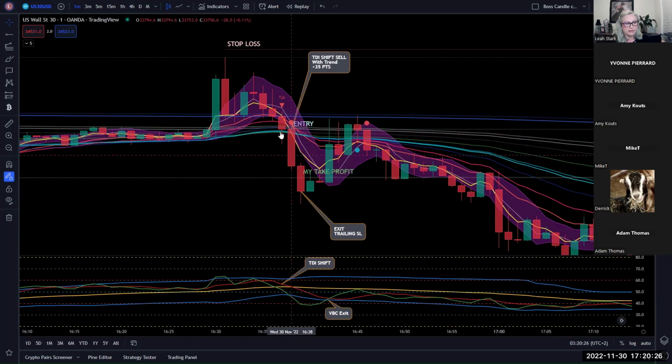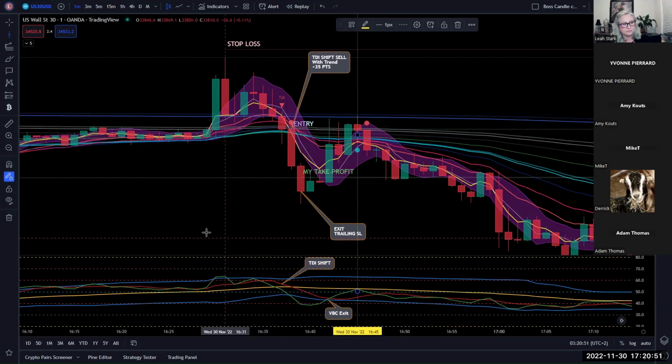But if you didn't trail your stop loss on this one, this candle probably would have scared people into closing manually, even if they still had their stop loss up here, because the way that it shot up so quickly, it seemed like a news candle or a tweet or something, even though news wasn't happening yet. News did end up happening on this 45 candle right here.